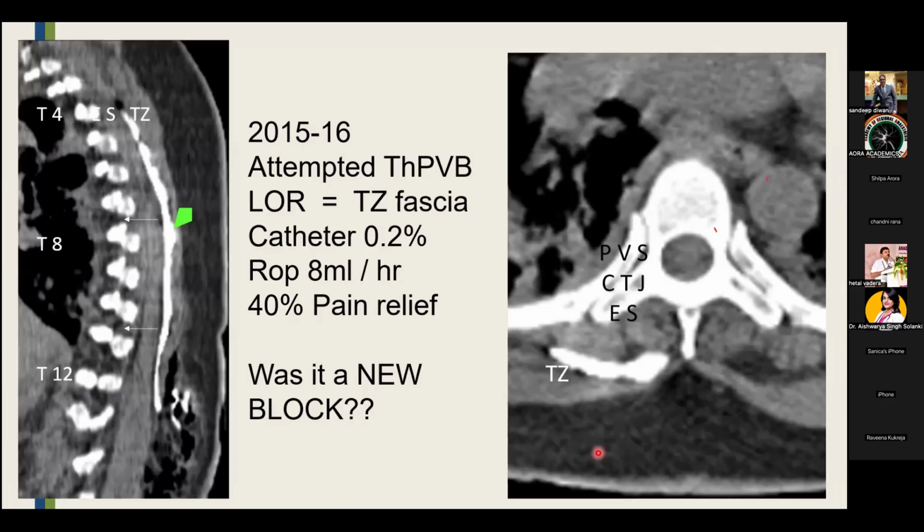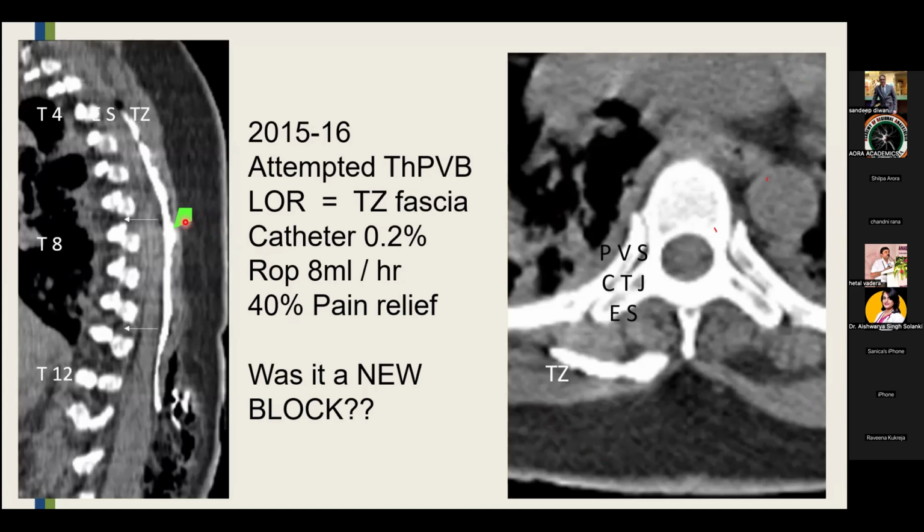So in 2015 and 16, before the emergence of the erector spinae plane block by Forero, I was attempting in a 130 kg patient who had a good amount of fat posteriorly, and then I had a loss of resistance, and I injected local anesthetic and inserted a catheter.